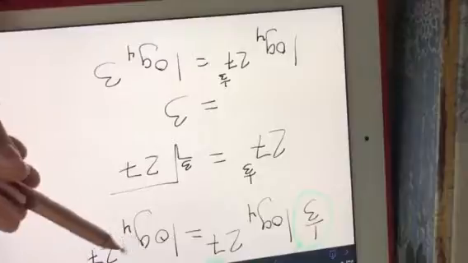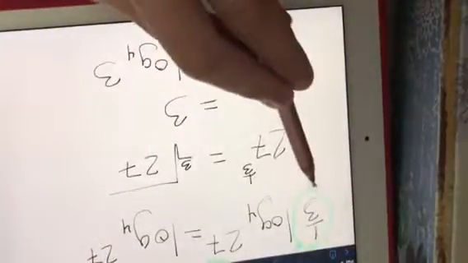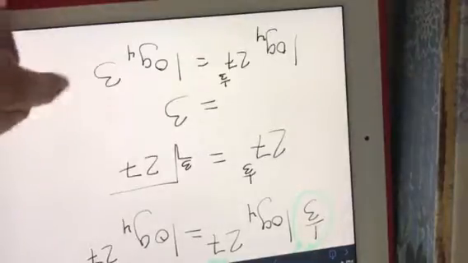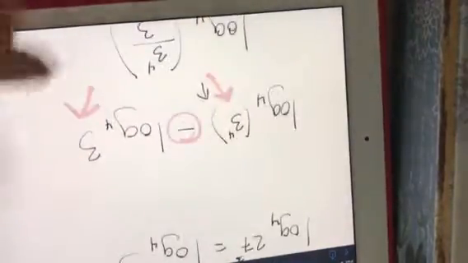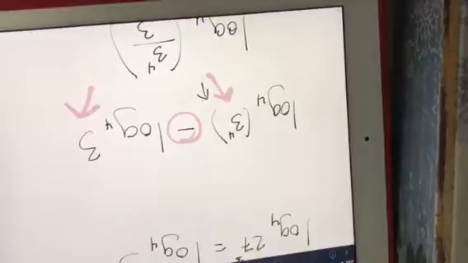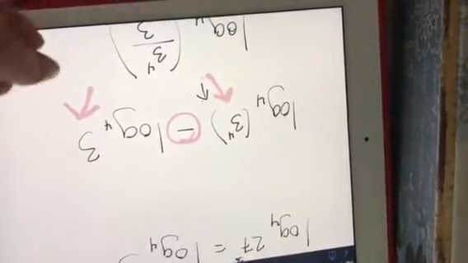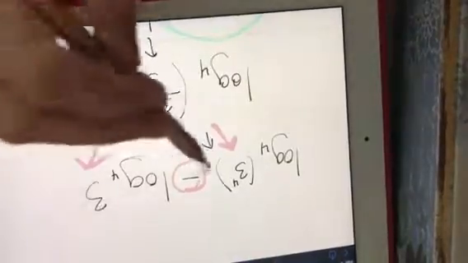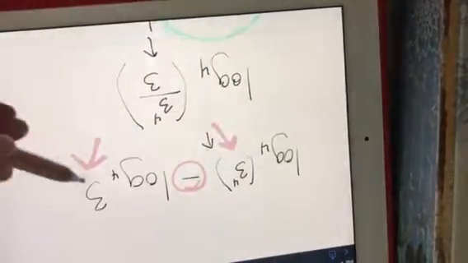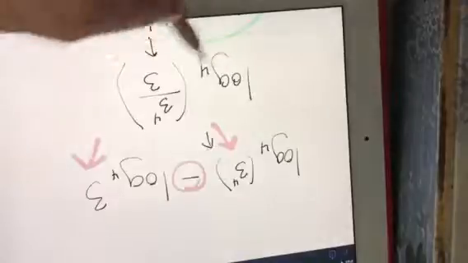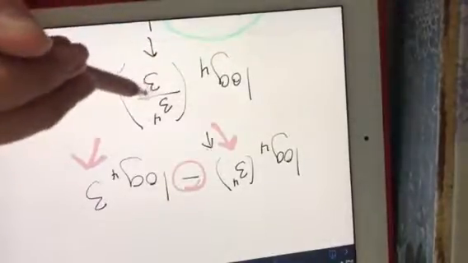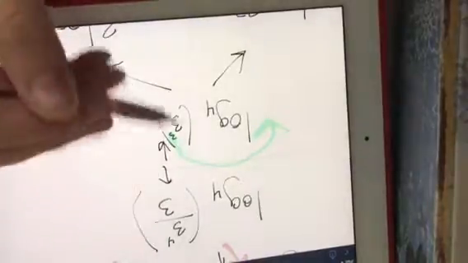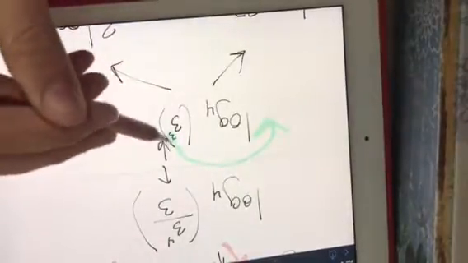And so from this, it turns into log base 4 of 3. Then, because these two quantities are being subtracted, one from the other, same thing as with the addition, but it's division instead of multiplication. So you take this quantity and divide it by that quantity and combine it into one log. And then, again, kind of rules of exponents, that turns into log base 4 of 3 to the 3rd.